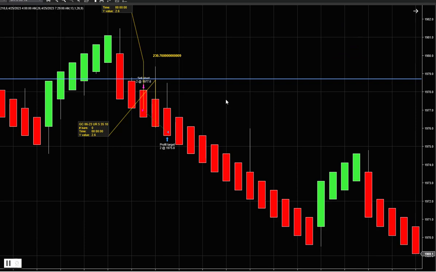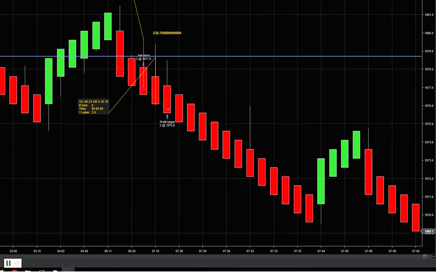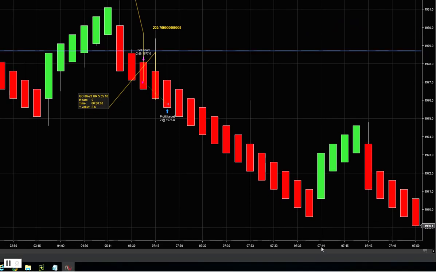Well, no, it will not, because the time is already finished. The strategy would not look for another trade after 729. This is 733. So within this trend, there will be no trade taken, unless we continue to look for another trade after 729, which we don't want to do.